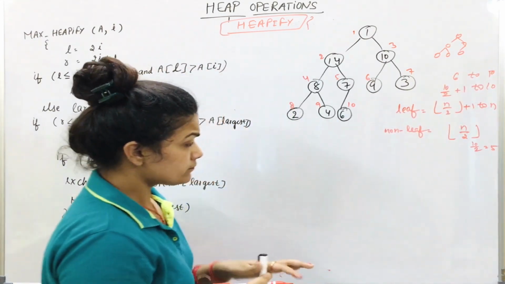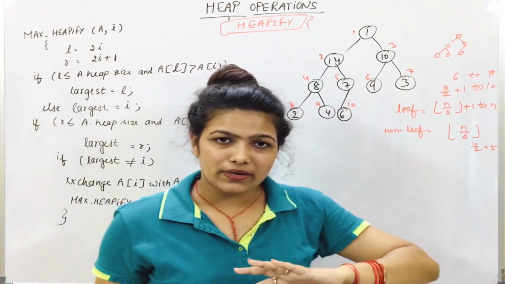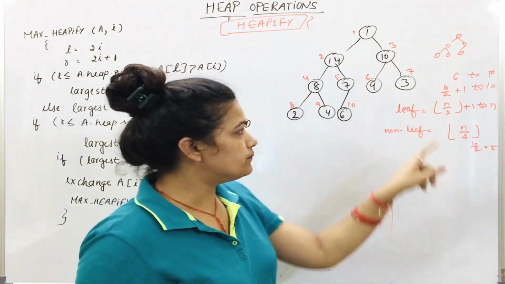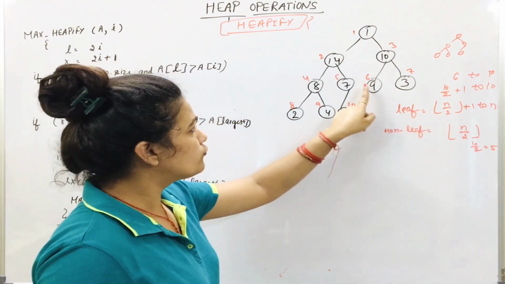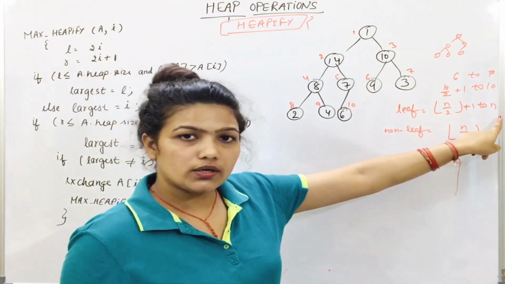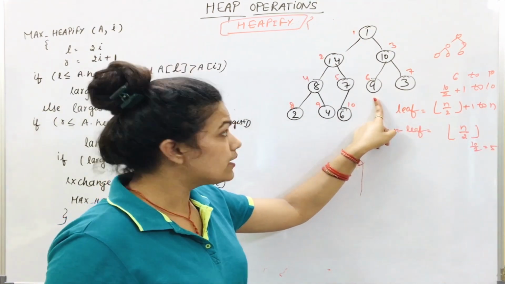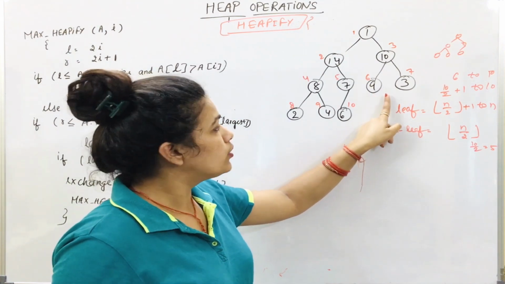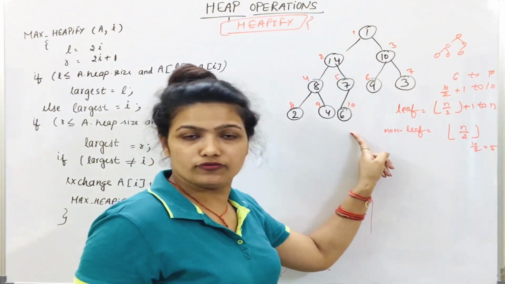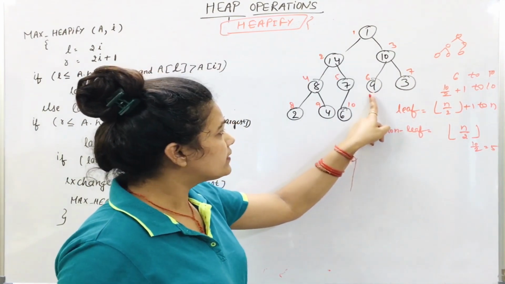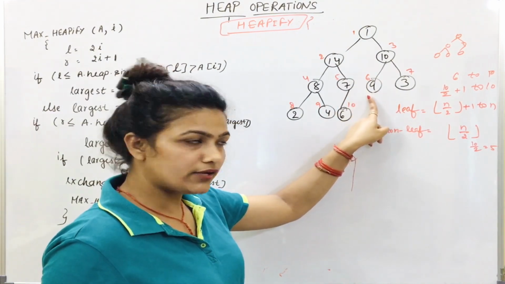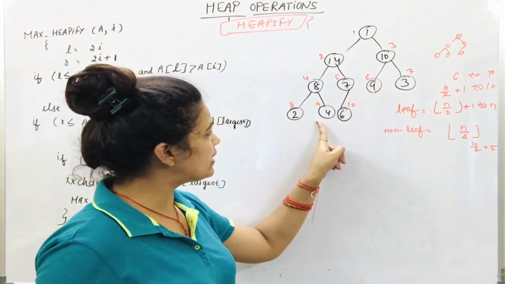So the main property you have to remember: the leaf nodes start from n by 2 plus 1 to n. When one leaf starts in a heap, after that you will get all leaf nodes only. At the 6th location there is a leaf node, 7 leaf, 8 leaf, 9 leaf, 10th leaf.